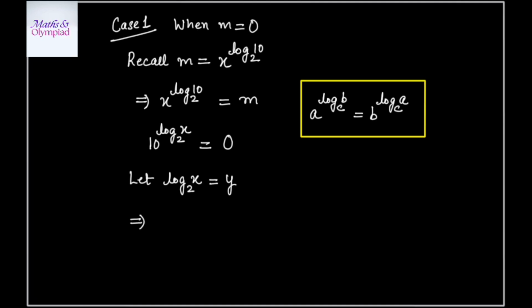So this implies 10 raised to the power y equal to 0. Now if you see the equation, this will not hold true, as we cannot plug in any value of y so that 10 raised to the power y will be equal to 0. So therefore this is rejected.